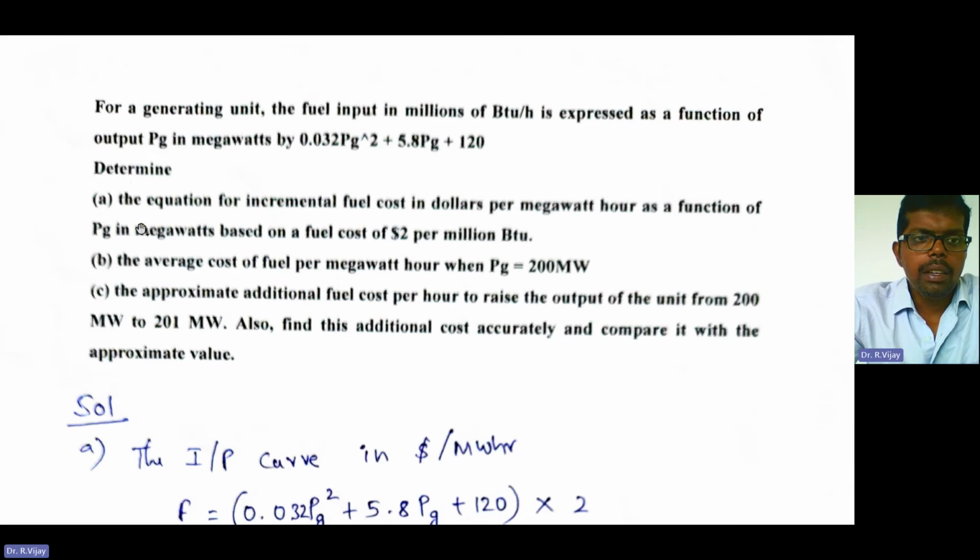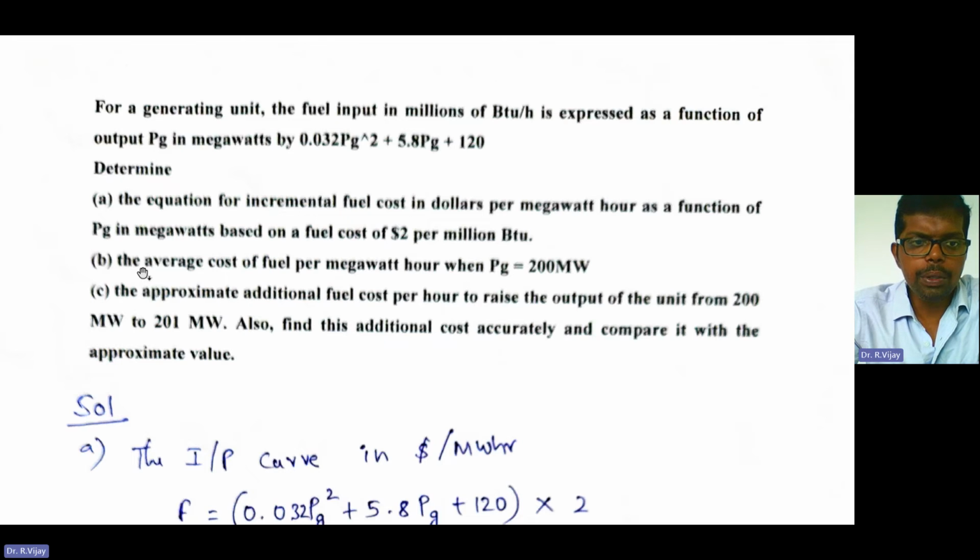What we need to determine first is the equation for the incremental fuel cost in dollars per megawatt hour as a function of PG in megawatts, based on a fuel cost of $2 per million BTU.